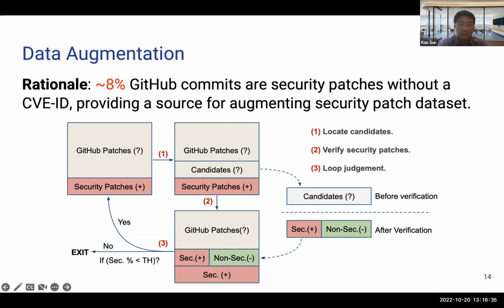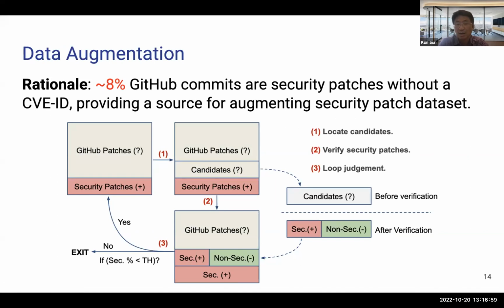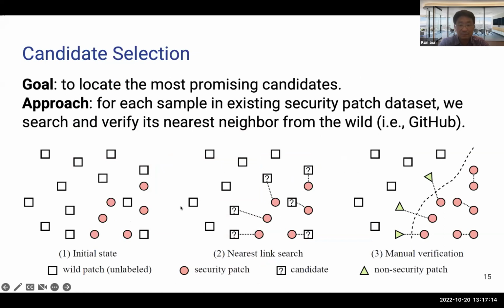Then we repeat this step again, using this enlarged set of security patches to find more candidates, and then do this manual screening. After 5-6 rounds of manual screening, we can construct a large data set which contains more than 12,000 security patches, and also more than 20,000 non-security patches. So this is the idea for how we select those candidates.